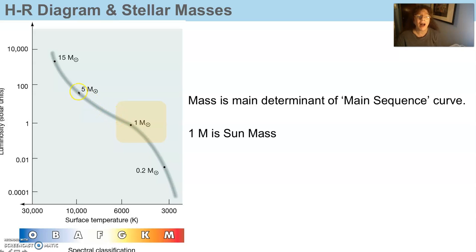And there are higher masses at higher luminosities and higher temperatures. Remember, temperatures go higher the closer you are to the intersection of the X and Y axes. And those masses increase as you get up near the blue giants that are up in this area. So there is a correlation along the main sequence of mass.